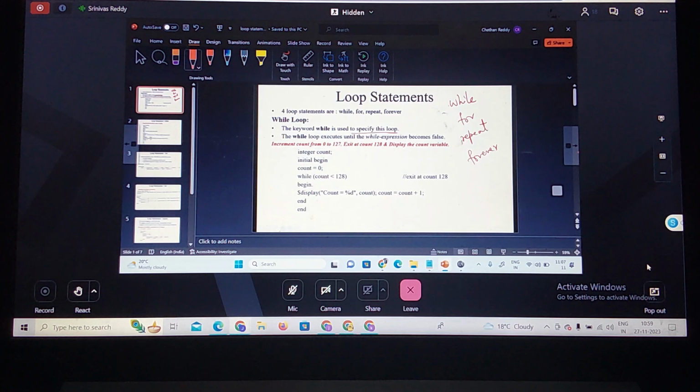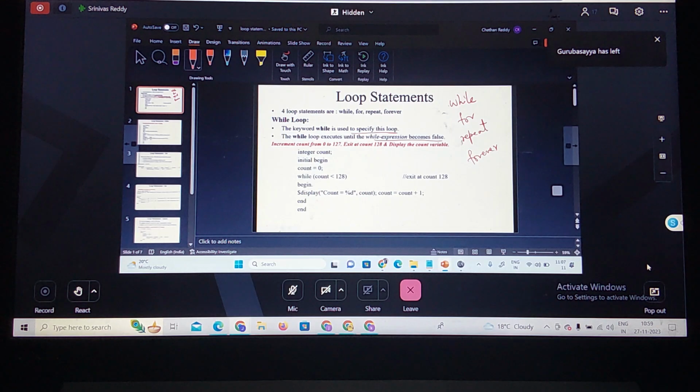Correct. The while loop executes until the what? Until this while expression becomes false. Until that, it keeps executing. How to make a continuous execution of the while loop? What condition should you write? I want to make an infinite loop using while.